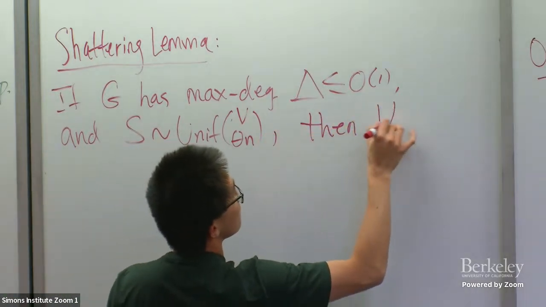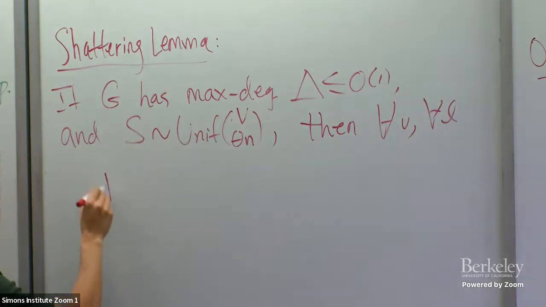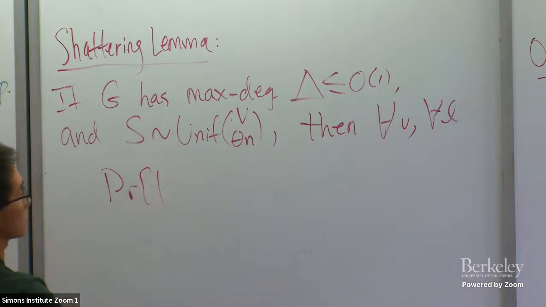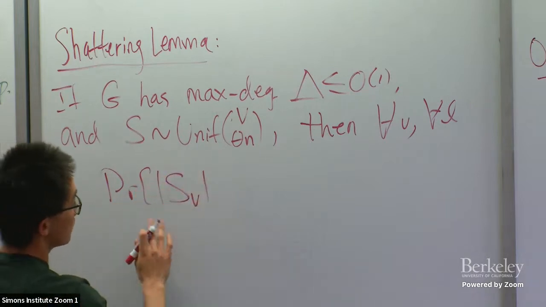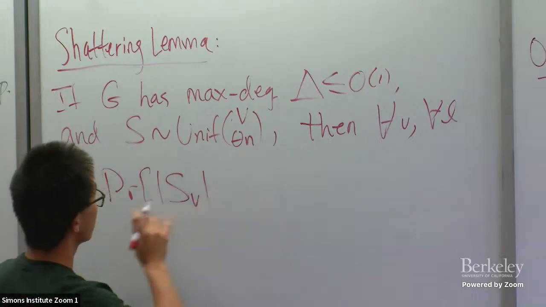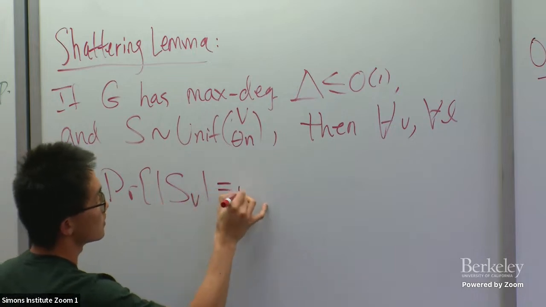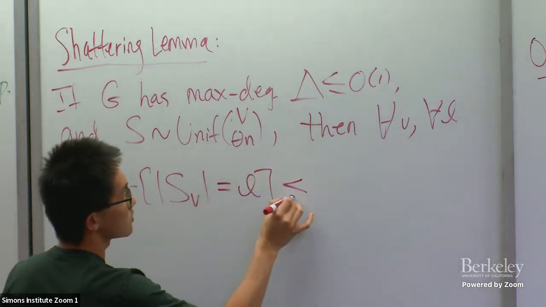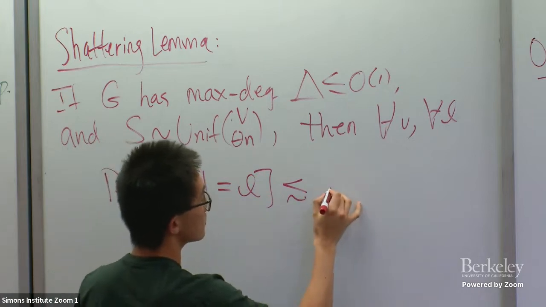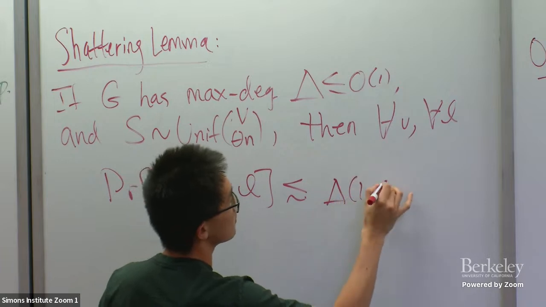And for every vertex, for every L, S_V here is just going to be the size of the maximal connected component that contains V after I kill off those vertices. I'll write it more explicitly in a sec. So the probability that the size of the connected component containing V equals L is at most some constants, delta times 1 minus theta.